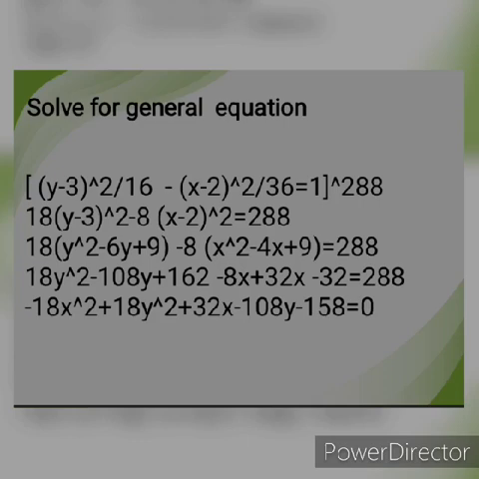After that, we come up with 8x squared minus 18y squared minus 32x plus 108y plus 158 is equal to 0. So that is now our general equation.